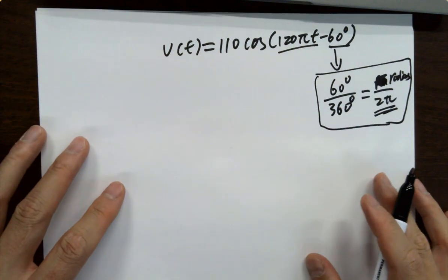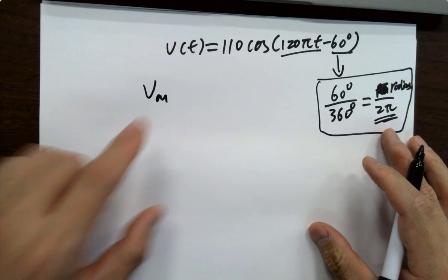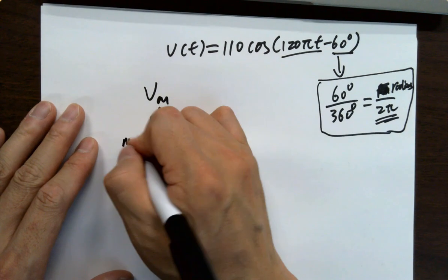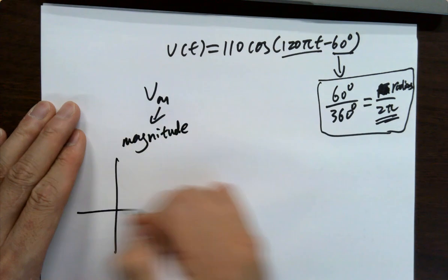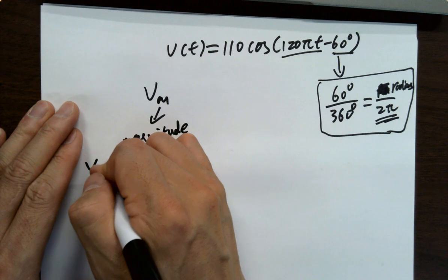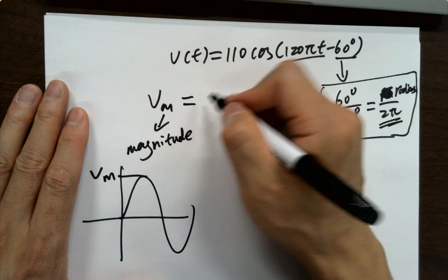So the first question is, what is Vm? Vm is called magnitude. It's also amplitude. It's just the wave's peak voltage. What is Vm? 110.